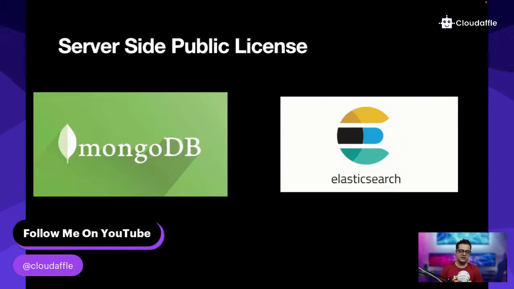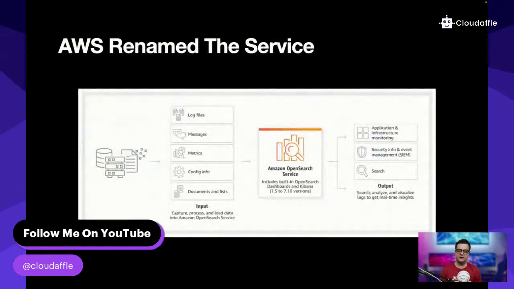AWS had to adapt to a previous fork of Elasticsearch and then build upon their own code as a service. So now AWS has actually renamed this service from Elasticsearch to Amazon Open Search Service.